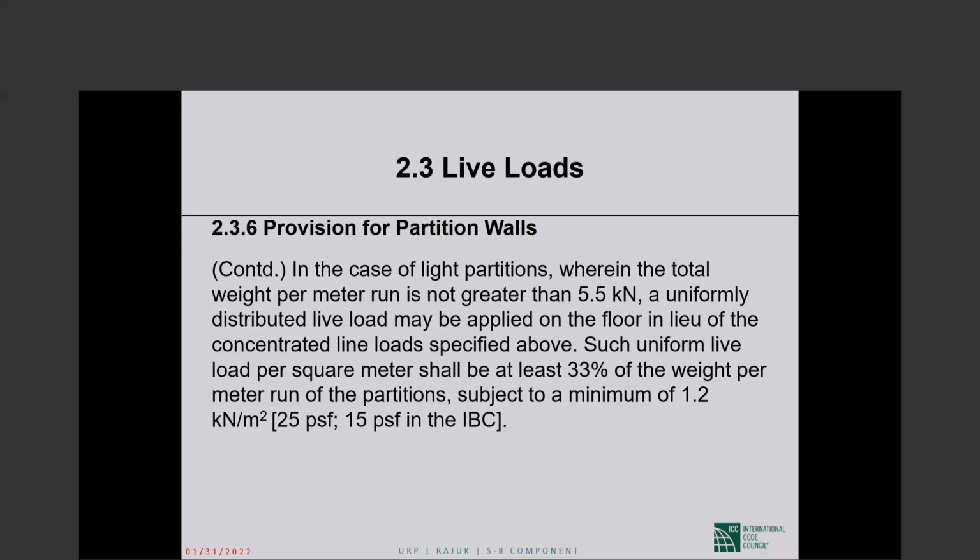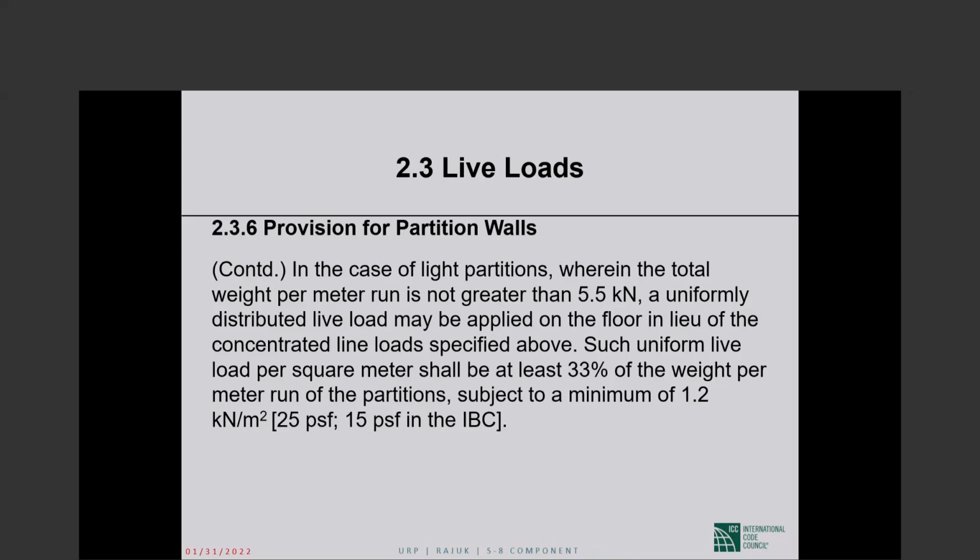In the IBC, we consider 15 pounds per square foot. I did want you to understand that. 25 pounds for movable partitions is an awful lot. It will be greeted with so much protest in this country that I can't even tell you. So I do not know why it is that high.